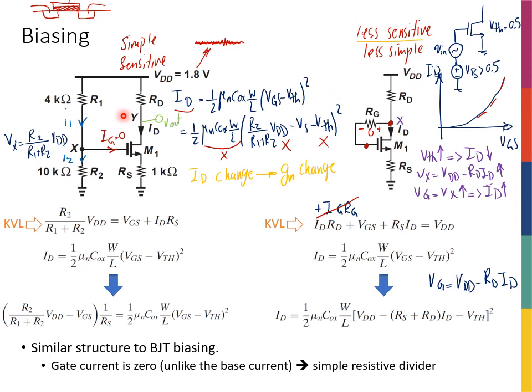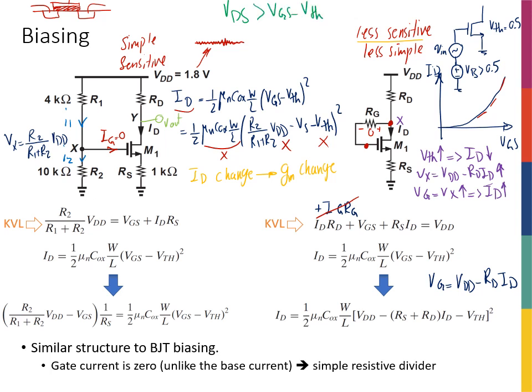Okay. The last thing I want to tell you about this circuit is that it's always in saturation. That's the other nice thing about this circuit. With this other circuit, if I have a lot of current here, I might go out of saturation because it brings the drain voltage down. Just to remind you, the requirement for being in saturation, being in the good region of the transistor for amplification, is VDS being greater than VGS minus VTH.